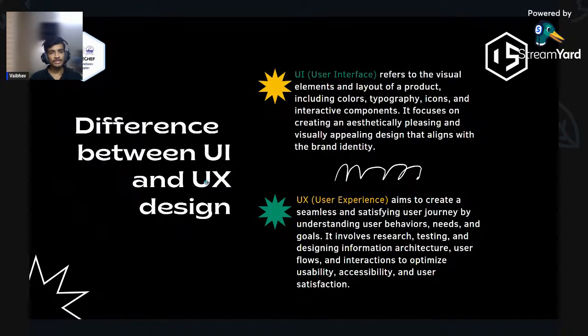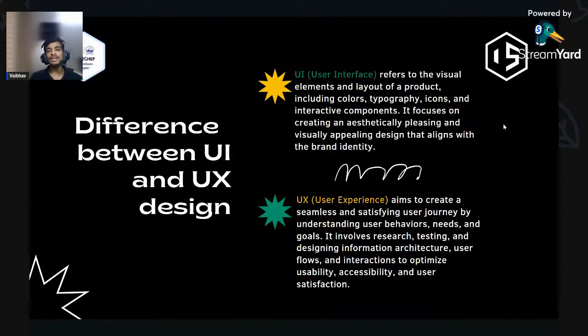So, what is the difference between UI and UX? UI basically refers to the user interface, the visual elements and the layout of the product, including the color, typography, icons, and interactive components. It focuses on creating an aesthetically and visually appealing design that aligns with your brand. So basically, whatever you see on the surface of your phone is the UI, and whatever the user experiences is called the UX.